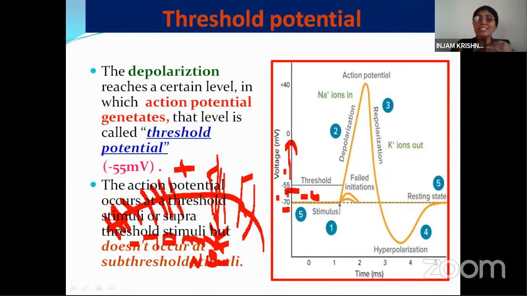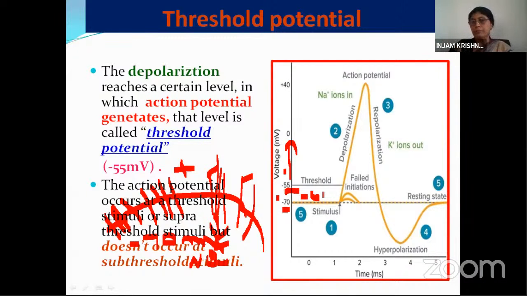If the stimulus reaches a point in between, that is subthreshold, and there is no generation of action potential. If it is threshold, the action potential is generated. If it is supra-threshold, the action potential is generated. If it is subthreshold, there is no action potential. So that is the status now.